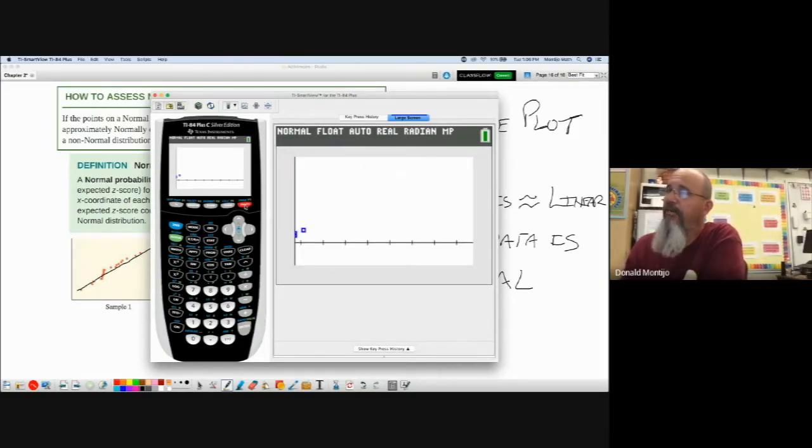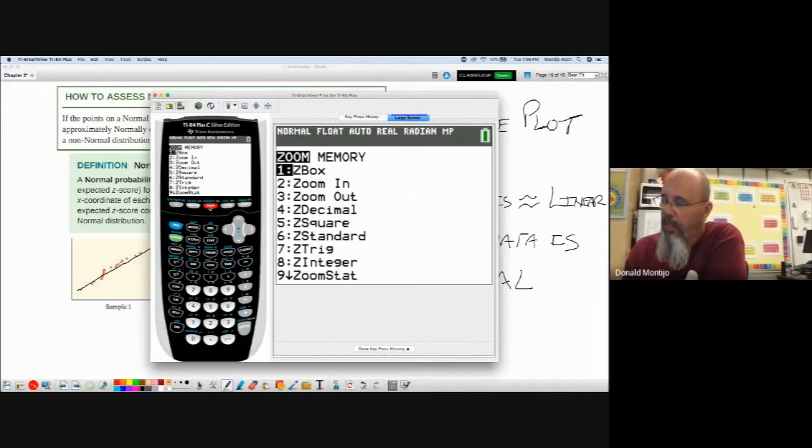Uh-oh, I don't see it very well. Well, that's very common when we're using this. And they have a special zoom in our calculators for statistic graphs. So if you go to zoom, and then you can see number 9 is zoom stat. I call it stat zoom, zoom stat. So we always in this class will do zoom 9.